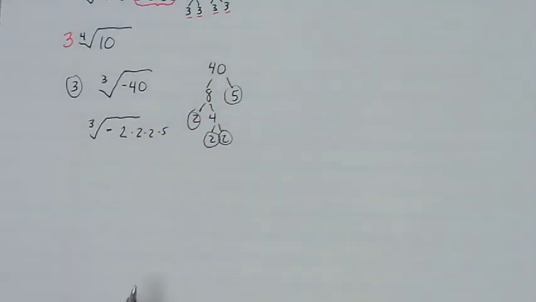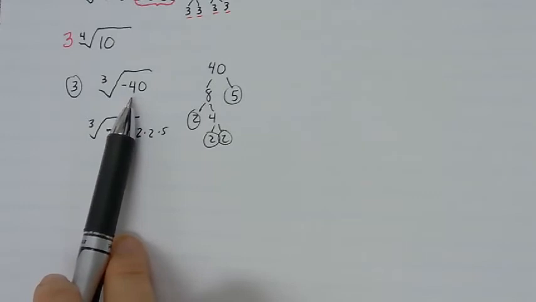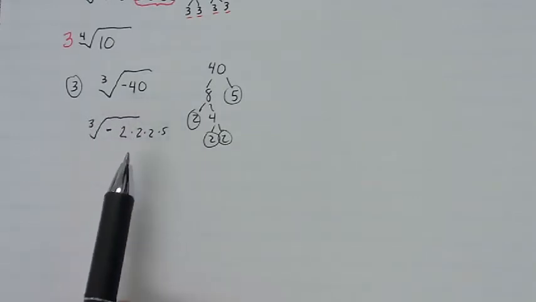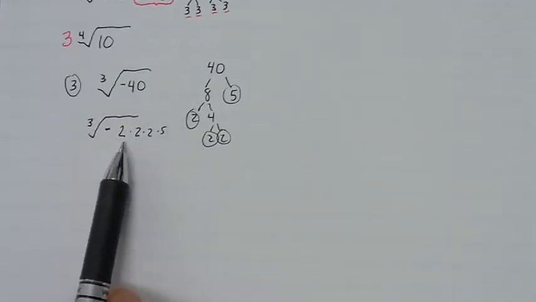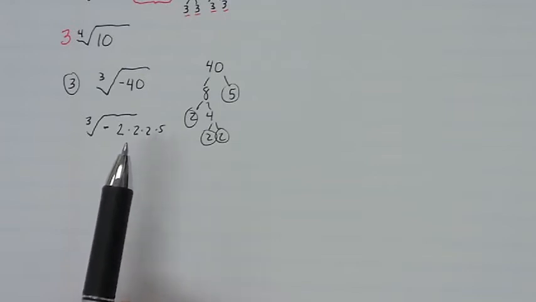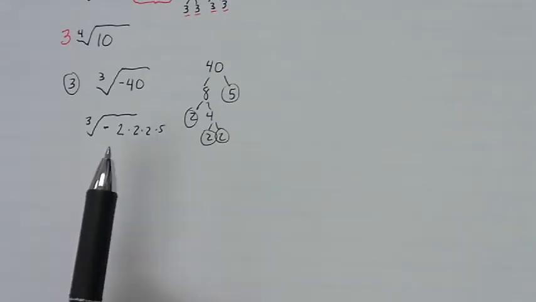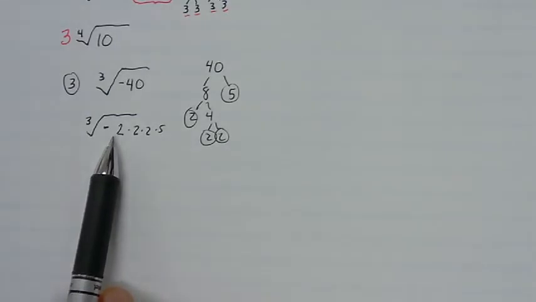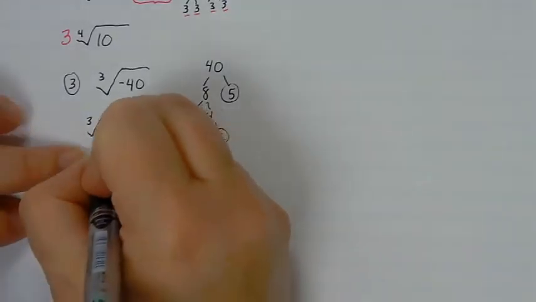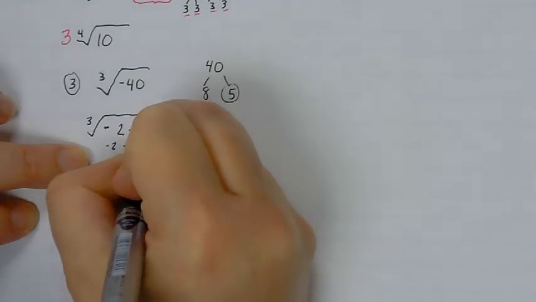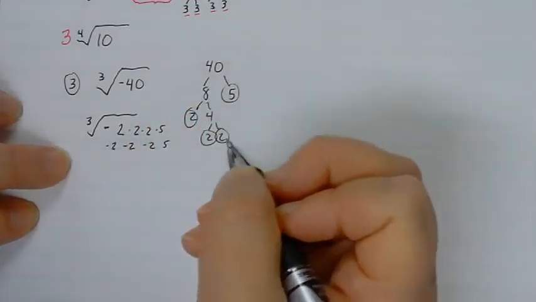Well, anytime that the number is negative, that means that inside here, there has to be an odd number of negatives. Either one of these numbers could be negative, or it could be that I had negative 2, negative 2, negative 2, and positive 5.